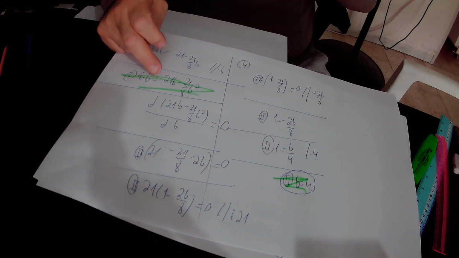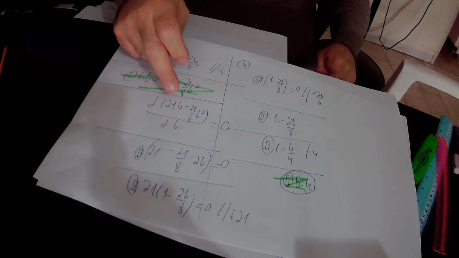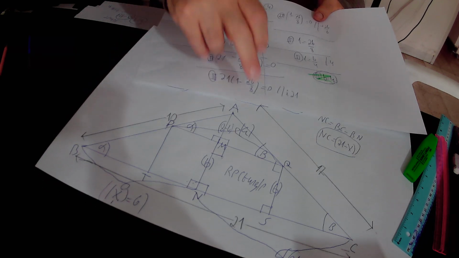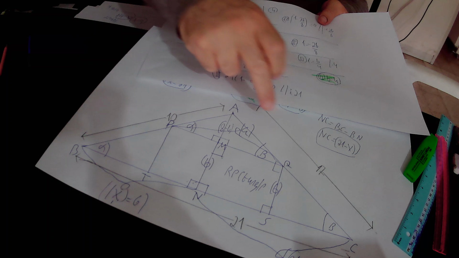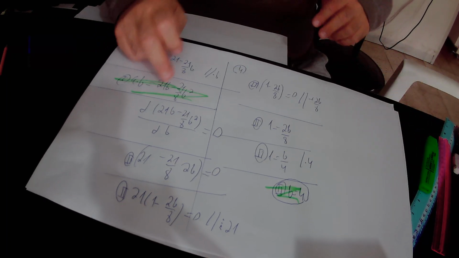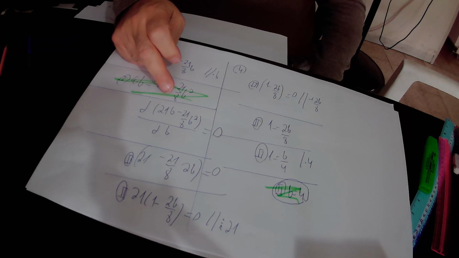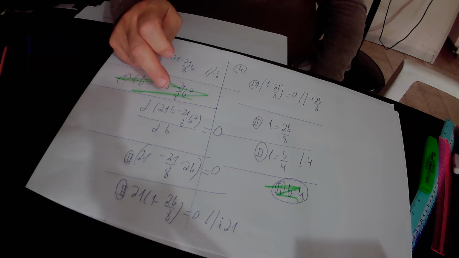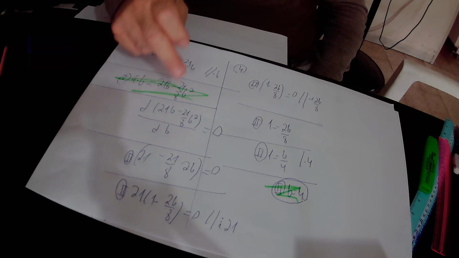And we differentiate this area function with respect to the variable B, the width of this rectangle. So what is the derivative of 21B? The derivative of 21B is 21, because the derivative of B is 1, so in total this equals 21 times 1, that is 21.